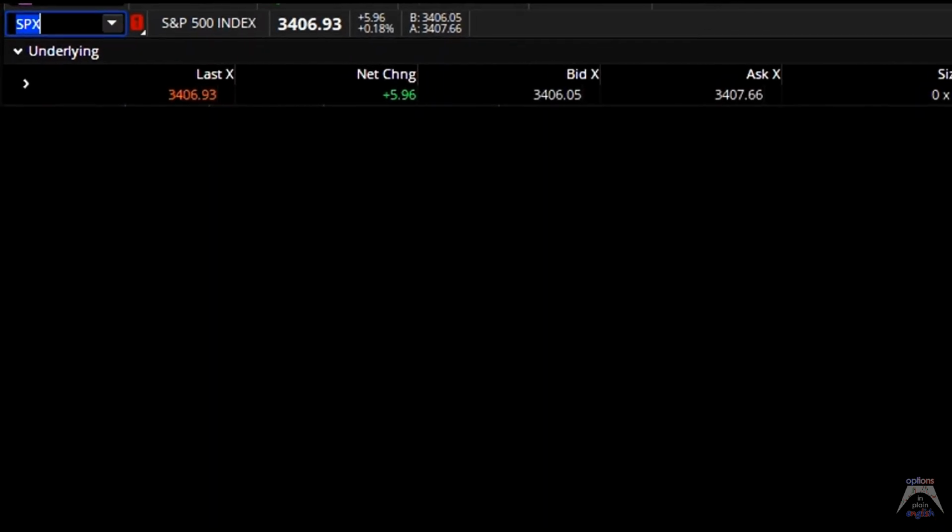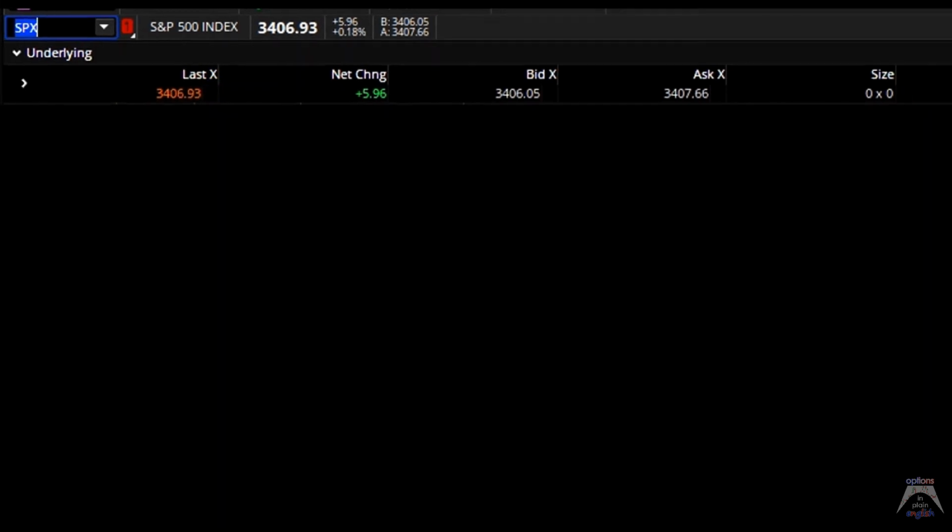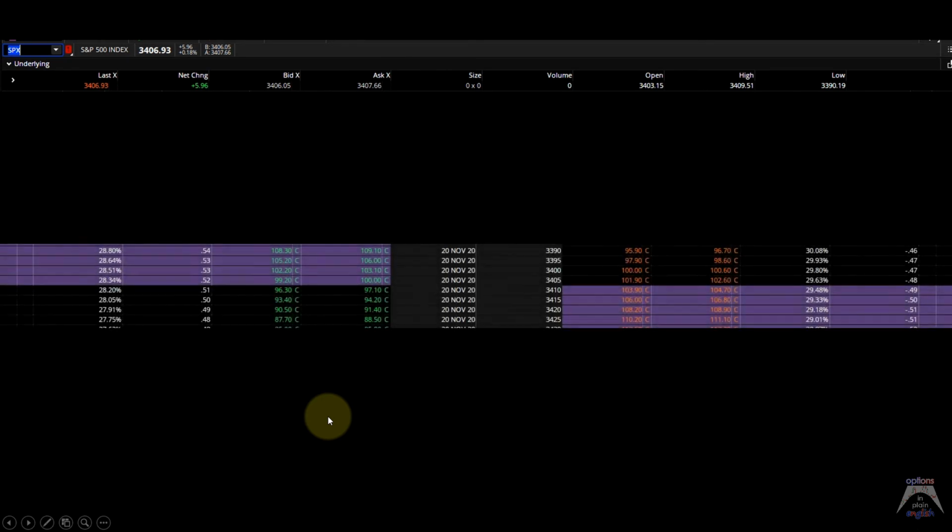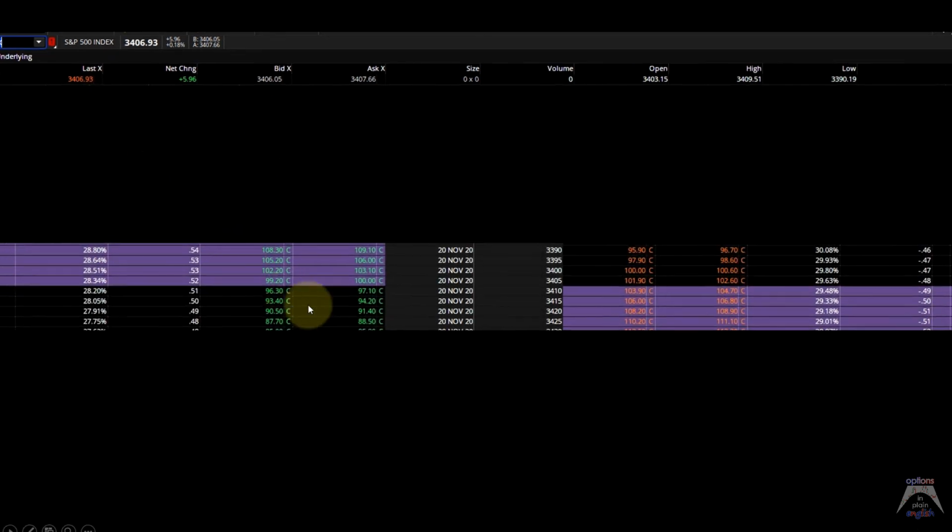Now we know which options are used to calculate the VIX, but what do we do with them? Well, we're going to look at this now. So you have the SPX, in this case an SPX value right now of 3406, and I'm picking one of the expirations.